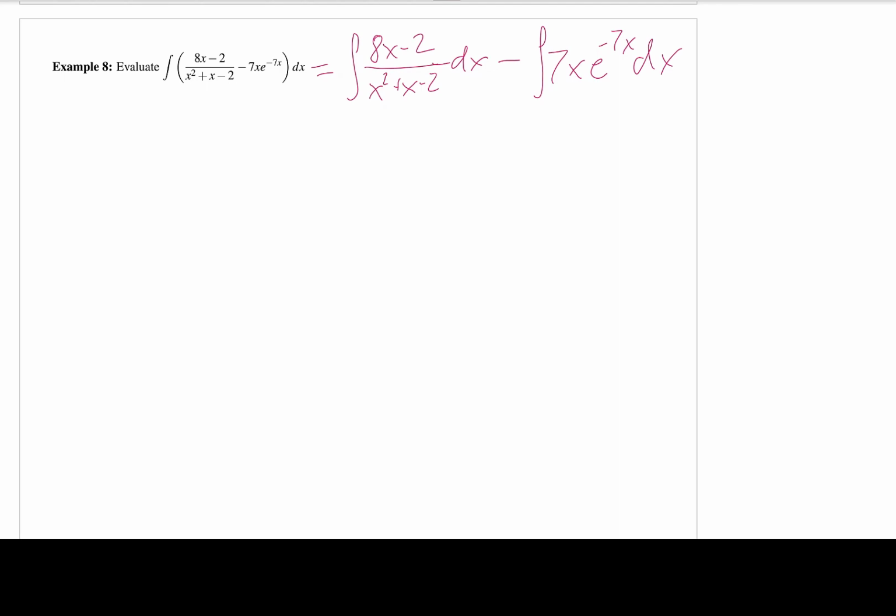This part on the right here should be a good place for you to practice integration by parts. You can use the table method or you can use the actual formula. Either way works. Then the other thing is for this portion right here, this is where you'll get to practice our partial fractions.